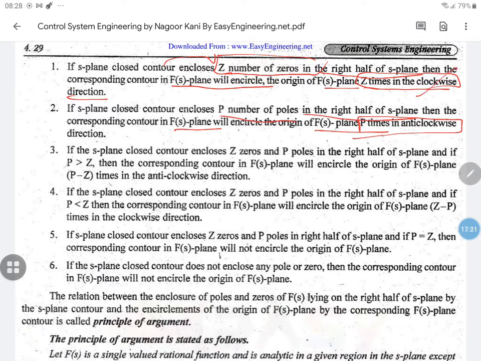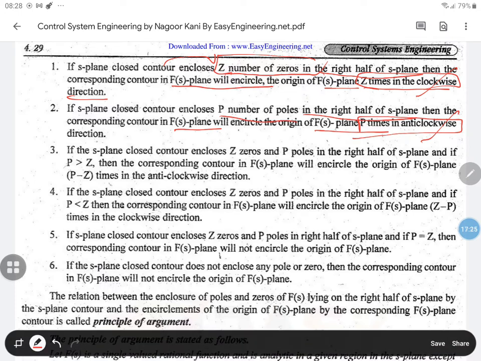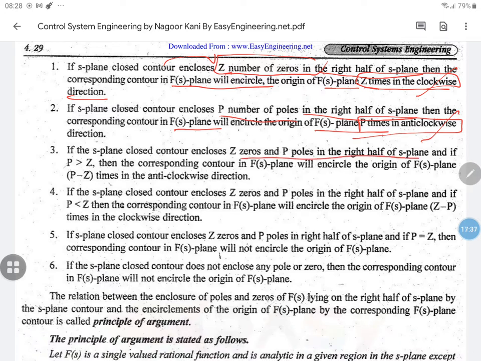So for Z you have clockwise direction, for poles you have anti-clockwise direction. Okay, so the third case is if the S-plane closed contour encloses Z zeros and P poles in the right half of the S-plane.